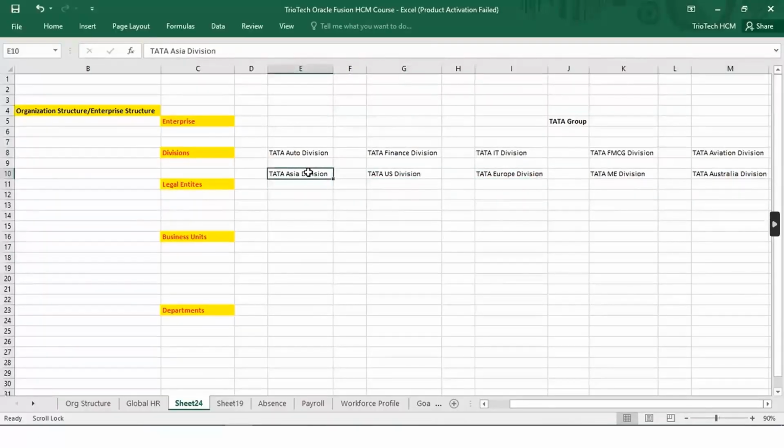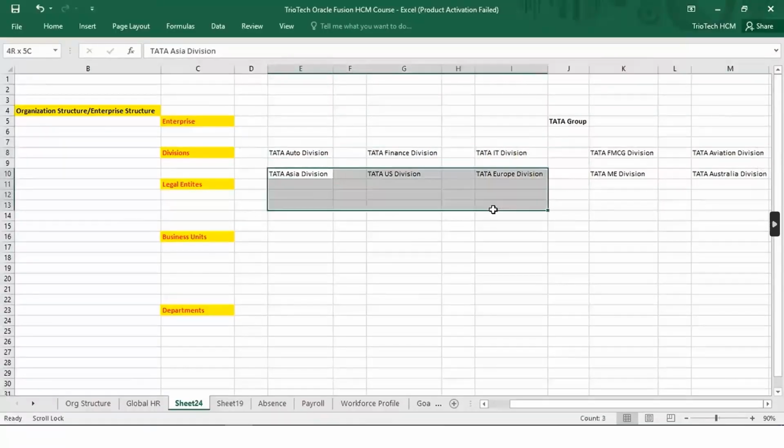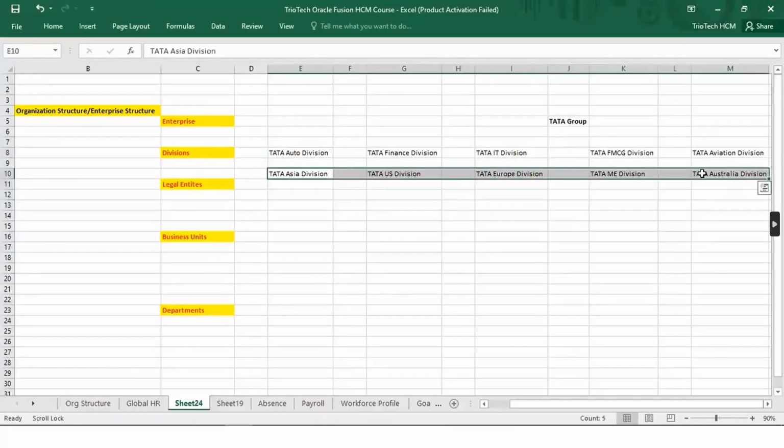So all the Asia continent related operations can be under this Asia division. Then all the US related companies and their operations will be under US division. Then Europe, Middle East, Australia. Either you can identify the divisions based on industry or the business functionality specific, or you can identify the divisions based upon the region or the location wise.